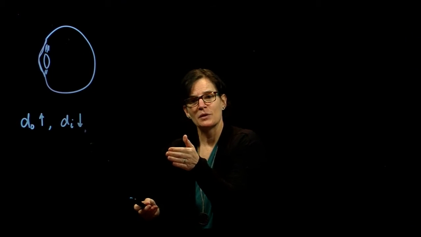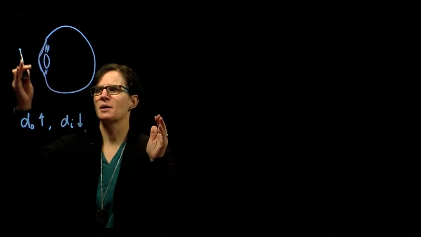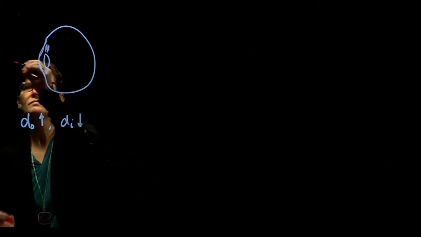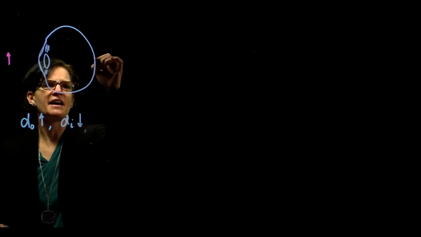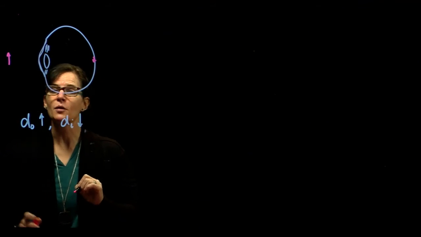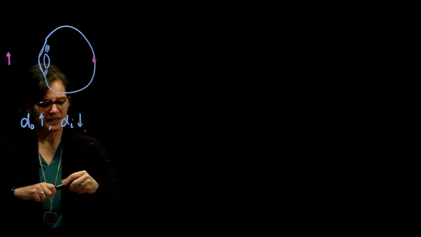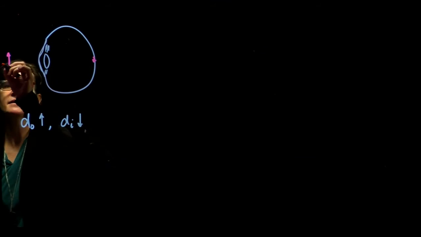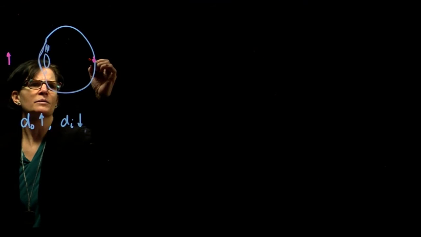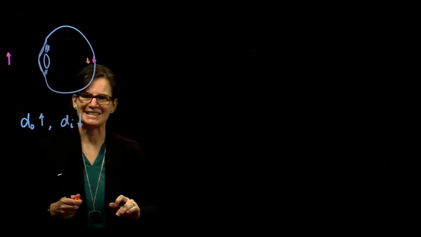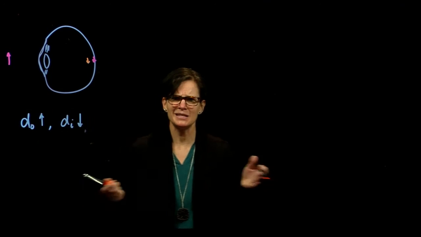One can imagine that if I have an object that I'm looking at, and I have that image perfectly focused on the retina, and I move this object further away, well, the image is going to move forward. The image distance between the image and the lens decreases.